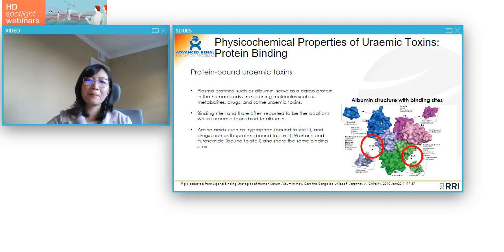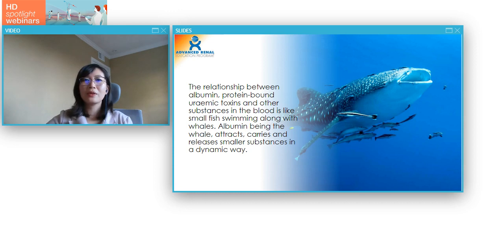So as they share the same binding site with uremic toxins, increased protein-bound uremic toxin levels in dialysis patients could contribute to altered pharmacokinetics in the patients. So the relationship between albumin and protein-bound uremic toxins, and maybe other substances as well, in the blood is like those small fish swimming along with big fish like whales, sharks, with albumin being the big fish, in this case a whale.